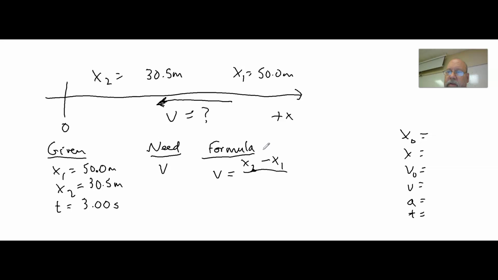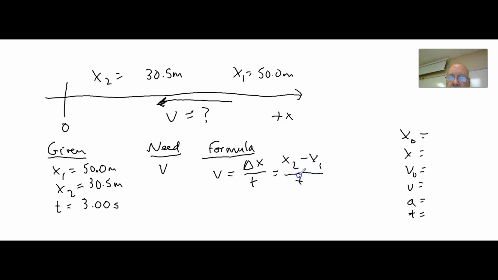Actually, let's back up a second and do this a little differently. Let's say that my velocity, more officially, is delta x over time. The delta always means change in, and x means position, so change in position over time. That's the same thing as final minus initial. Wherever we see the delta, your brain should automatically go final minus initial.